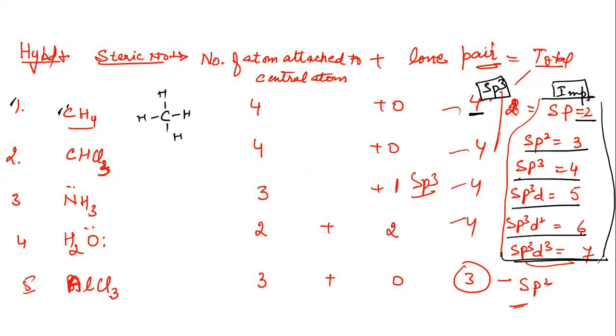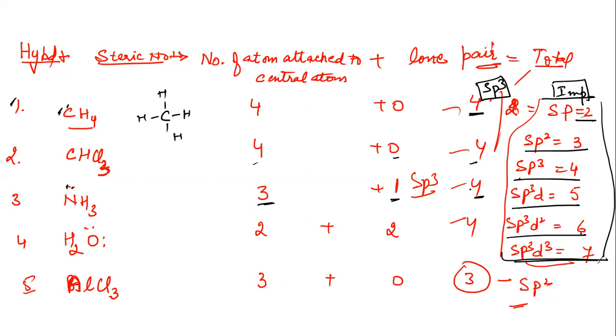Clear? Now it can be CHCl3 also. Again, total 1, 2, 3, 4. No lone pair, 4. Then NH3, H2O. In the case of NH3, the number of hydrogens attached is 3. One lone pair is there. So 3 plus 1 is equal to 4.